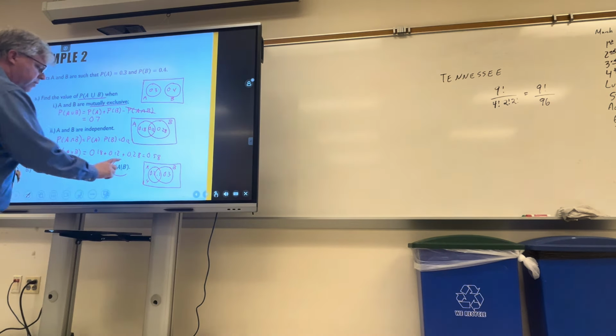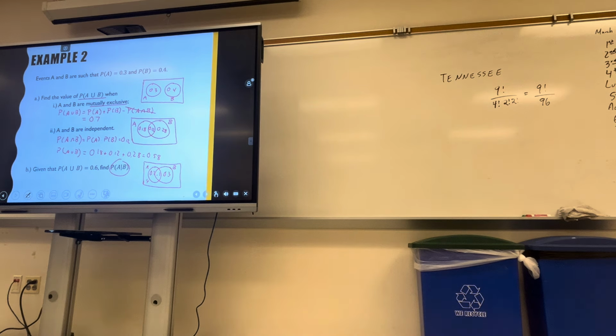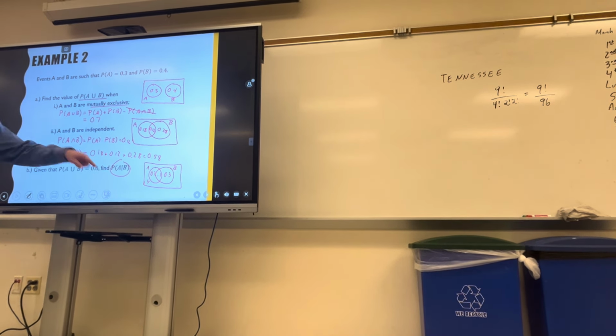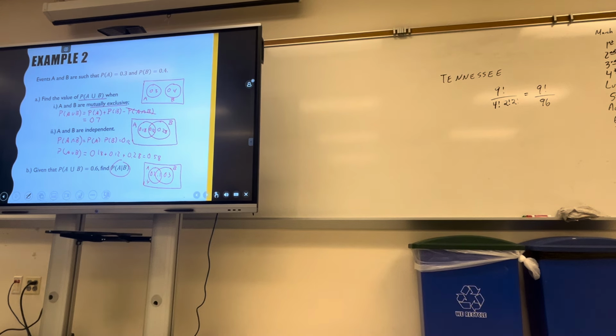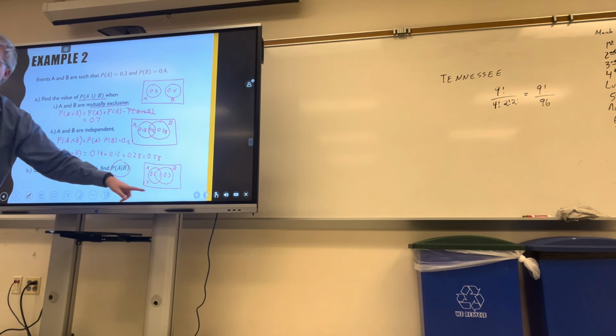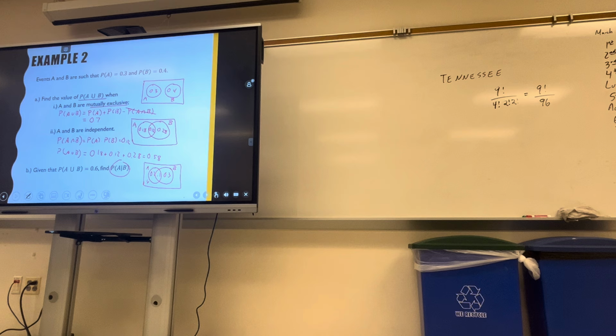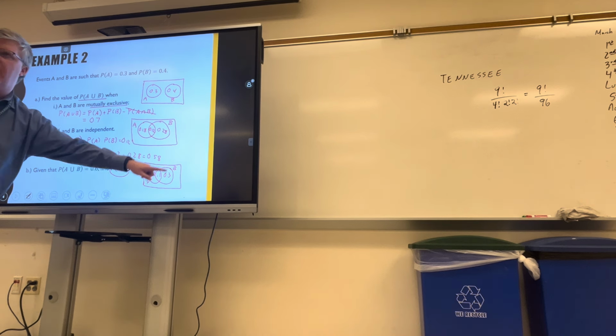They want A given B. We're going to talk about conditional probability more tomorrow. But when you're told A given B, that means that you know B already happened, right? So you're not looking at the whole box anymore as your total sample space. Your sample space now has been stripped away to just the stuff that includes B happening.